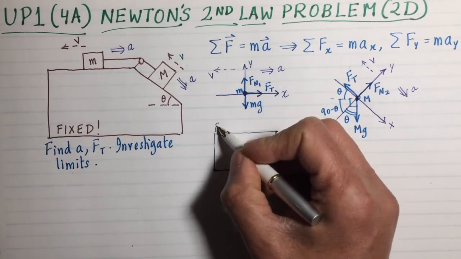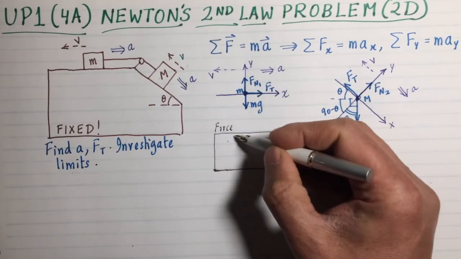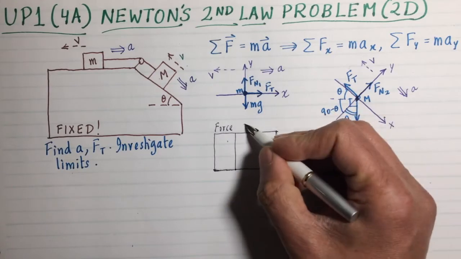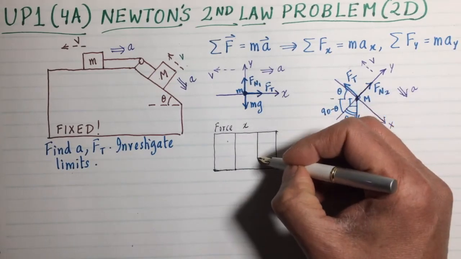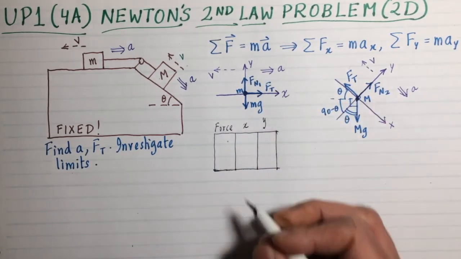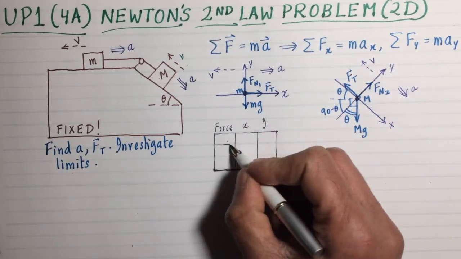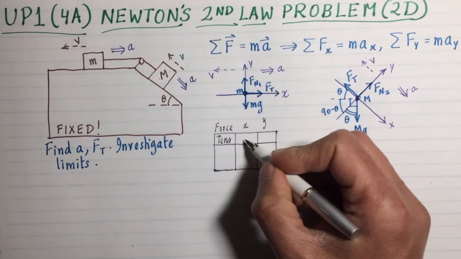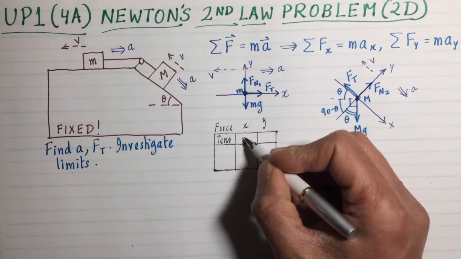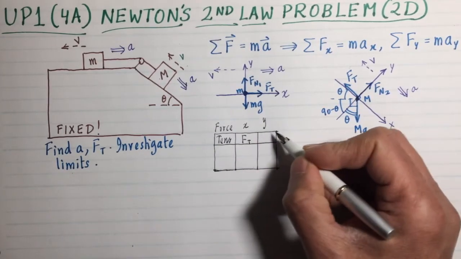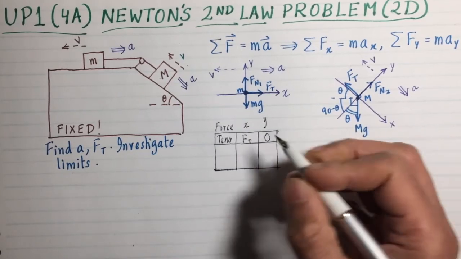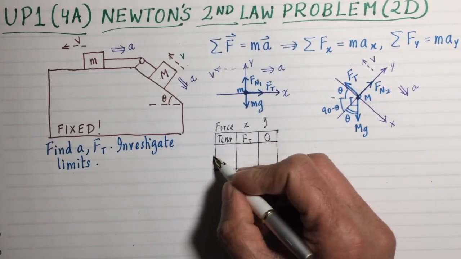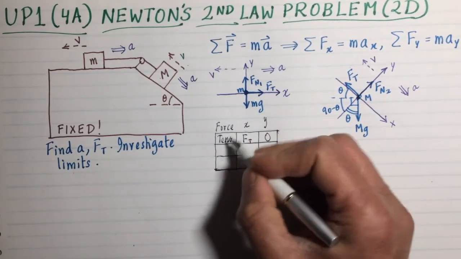This is going to be the name of the force. That's going to be the x component of the force, and that's the y component of the force. So the first force is the force of tension. X component of tension is Ft, and y component of tension is 0. The second force is the normal force.